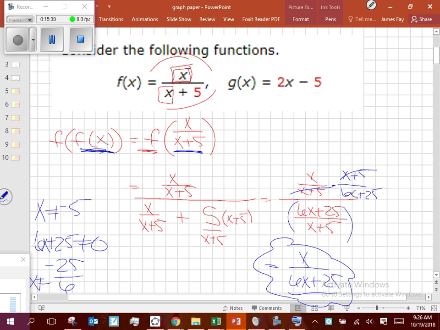So those are my two values that I got to kick out. Now, -25 over 6, is that to the left of -5 or is it to the right of -5? -25 divided by 6. To the right. Okay, so we're going to go -infinity to -5, union -5 to -25 over 6, union -25 over 6 to infinity. And those then would be the values that you're allowed to use for f composed with f.